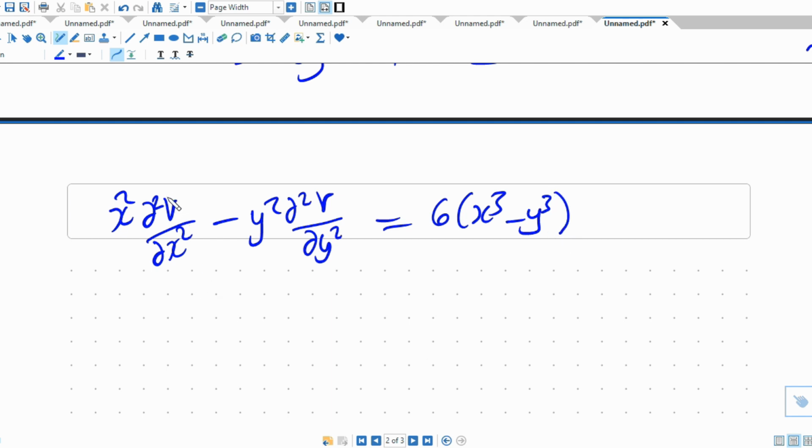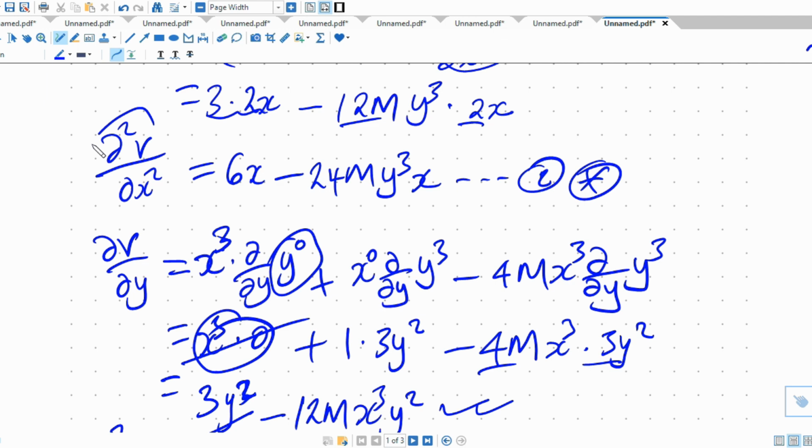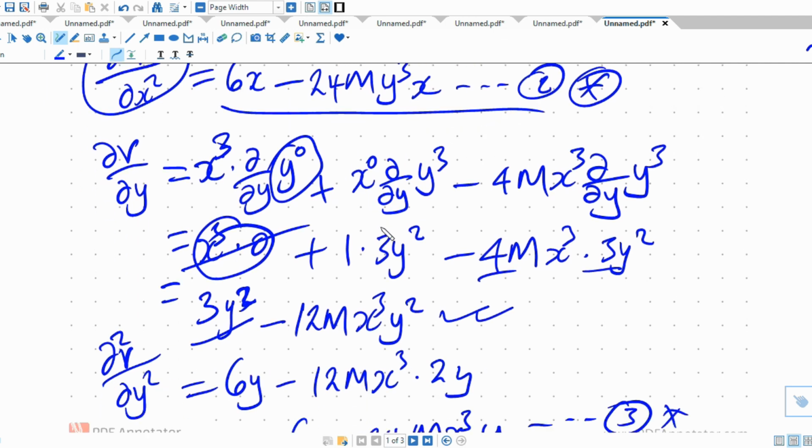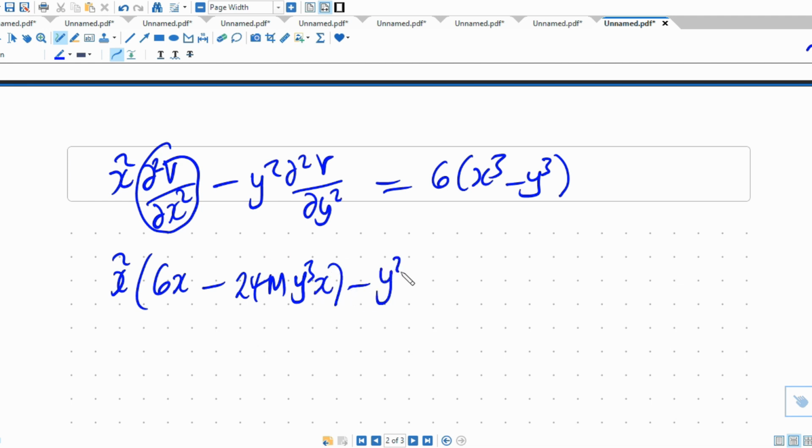Now we are going to pick the second equation here and substitute it here, because second derivative gave us that equation. So that is we take now x squared multiply by 6x minus 24m y cubed x, and then subtract y squared into 6y minus 24m x cubed y.